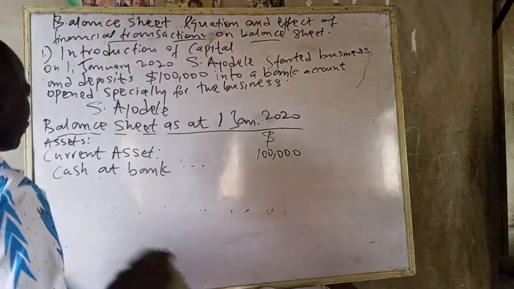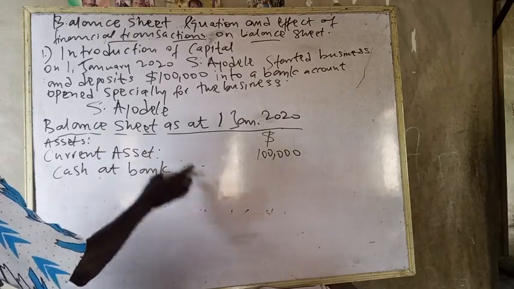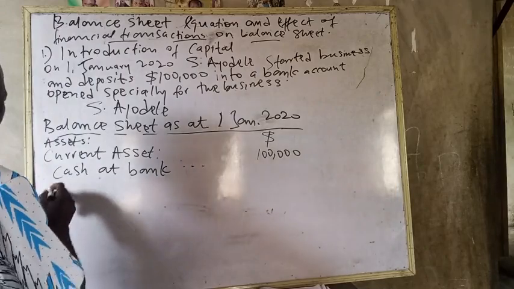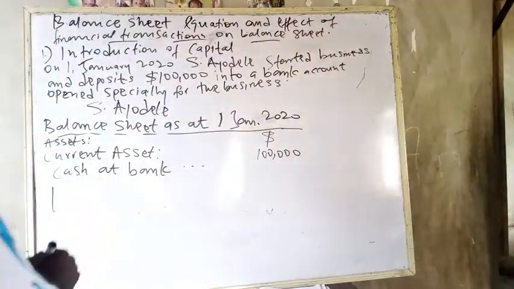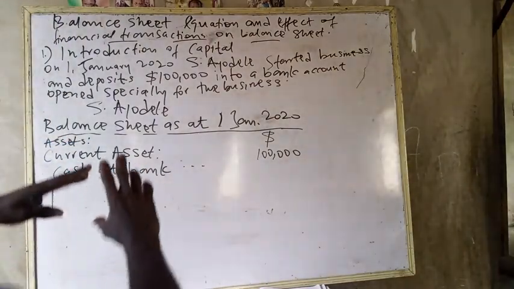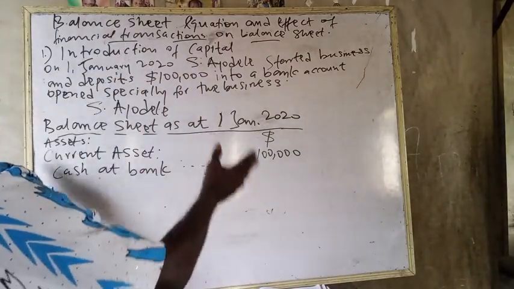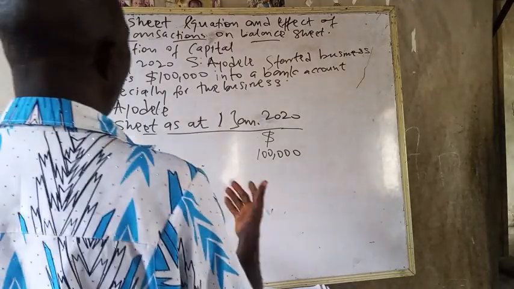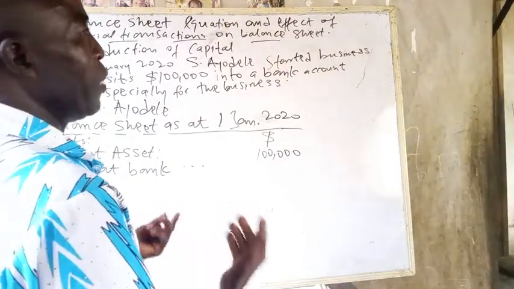So let's go further. This is the current asset. Now there is no liability, but as classification, like I told you in the last video, what I just gave there in the accounting equation is just a sample of how asset, liability and capital take place.